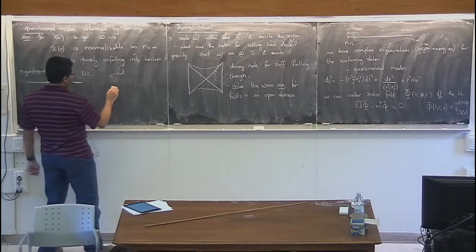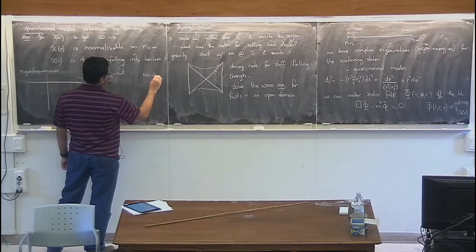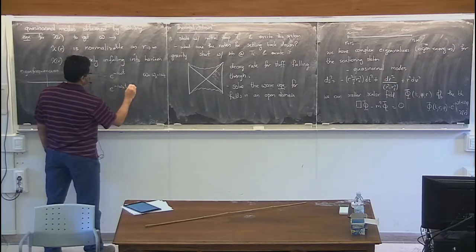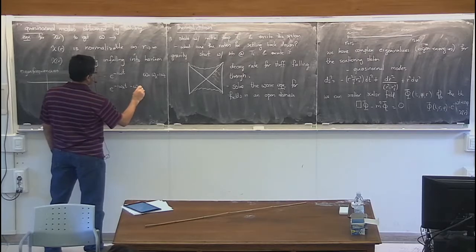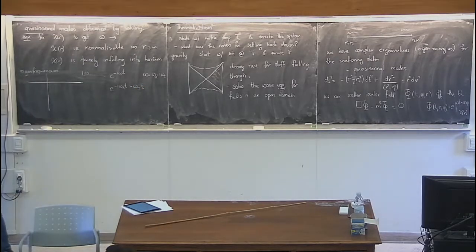If omega is complex, then this has an oscillatory piece and a damping piece. Yeah?